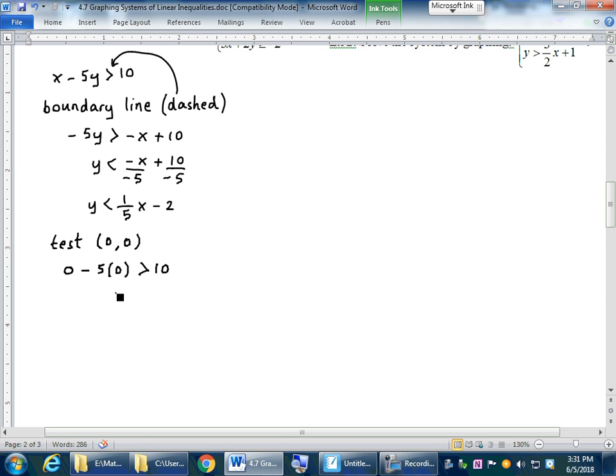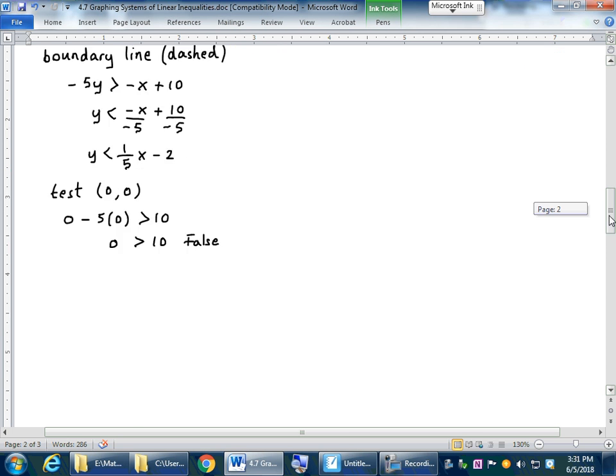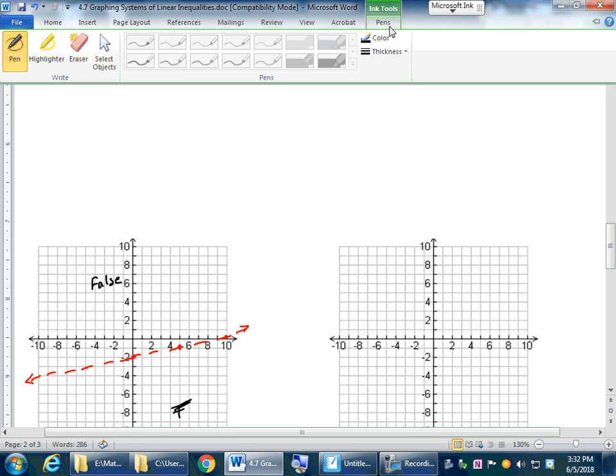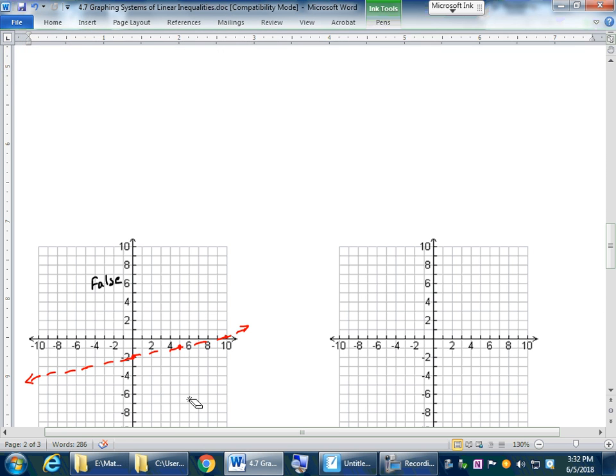We can see that 0 is greater than 10, which is false. So that means if this side is false, then the other side must be true.